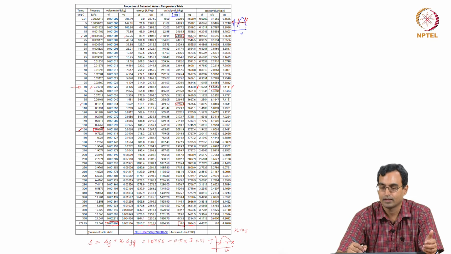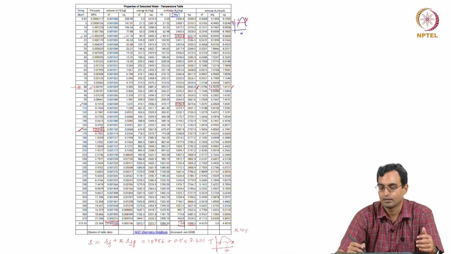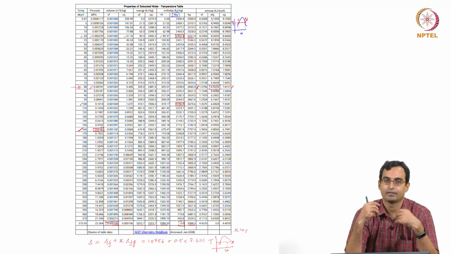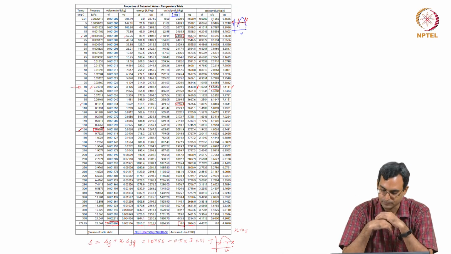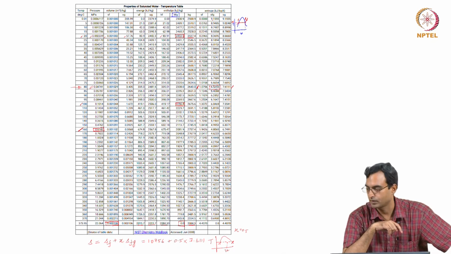As long as we are finding out differences in entropy, it does not matter which table we use. If we are interested in absolute values, we should keep in mind that these do not go back all the way to 0 Kelvin. These have some datum which may be different for different set of tables. So, that is about finding out entropy for steam.